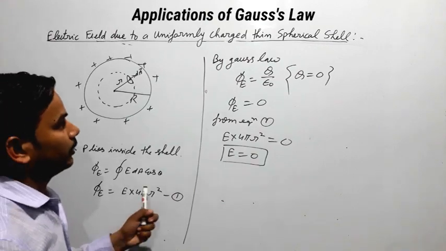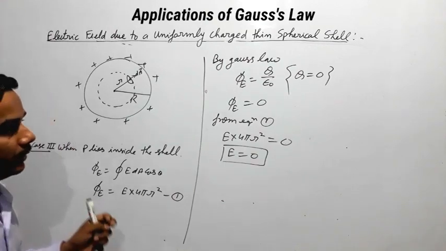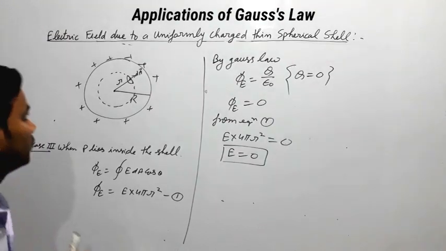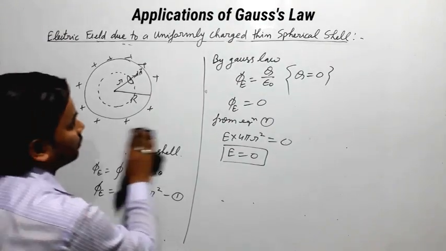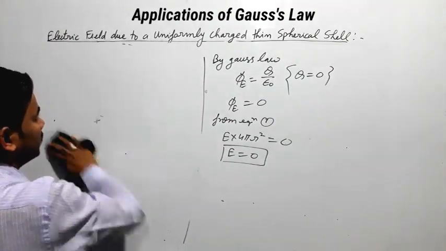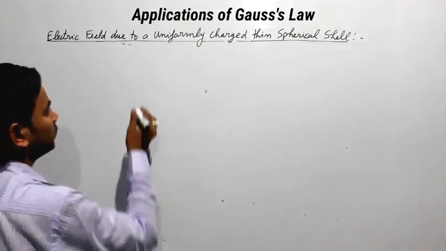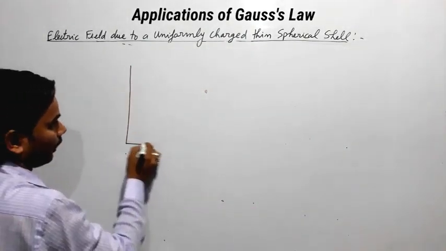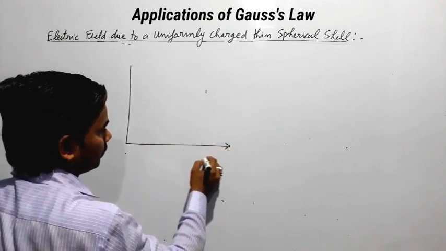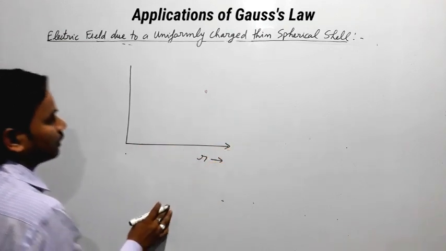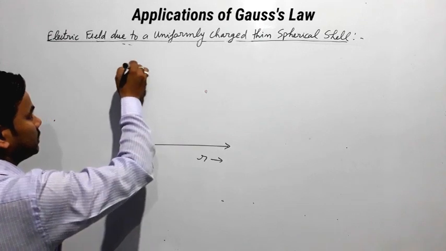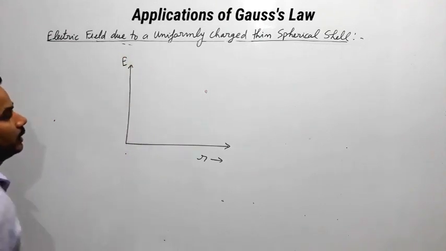Now if we plot the graph between electric field and distance for the spherical shell, suppose this is the distance and this shows the electric field.